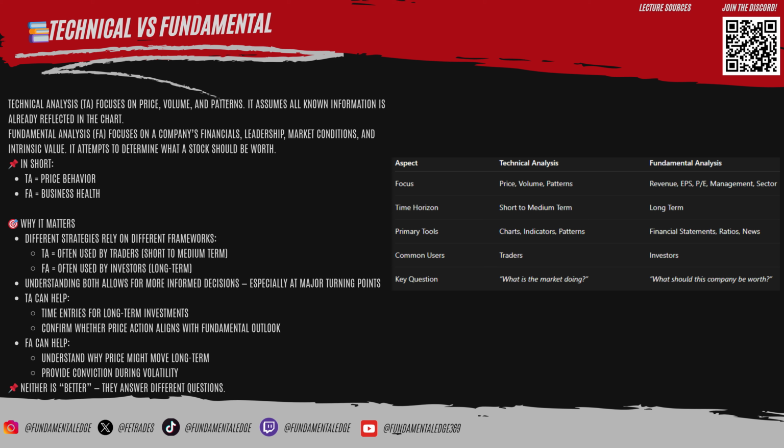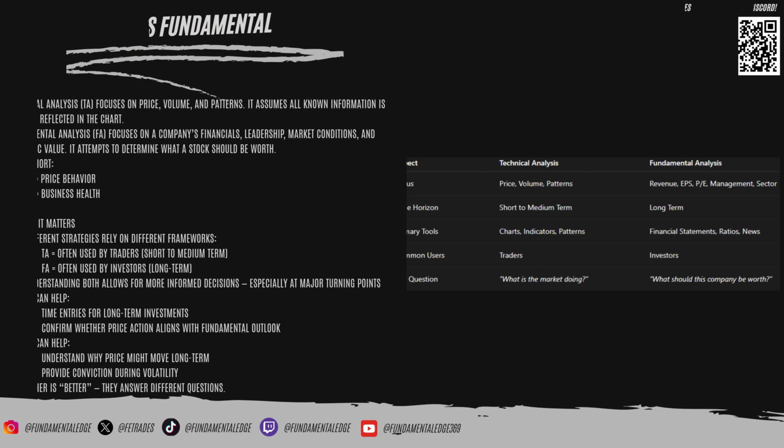It turns you from someone who buys whenever they feel bullish into someone who enters with precision, aligned with both story and structure. Because ultimately, every great decision maker in the market isn't just a technician or just an analyst. They're someone who knows how to see the full picture and act accordingly.